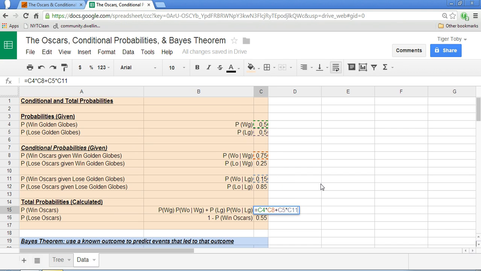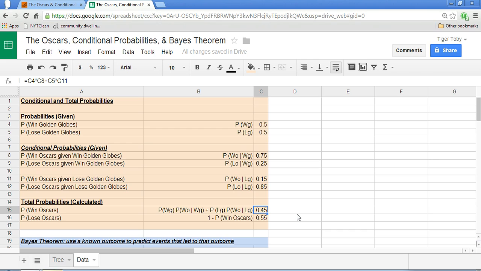It's exactly as stated in our equation. We took the probability of winning the Golden Globes times the conditional probability of winning the Oscars given that you win the Golden Globes, plus the probability of losing the Golden Globes times the probability that you win the Oscars given that you lose the Golden Globes. And here we find, again, the answer is 45%.